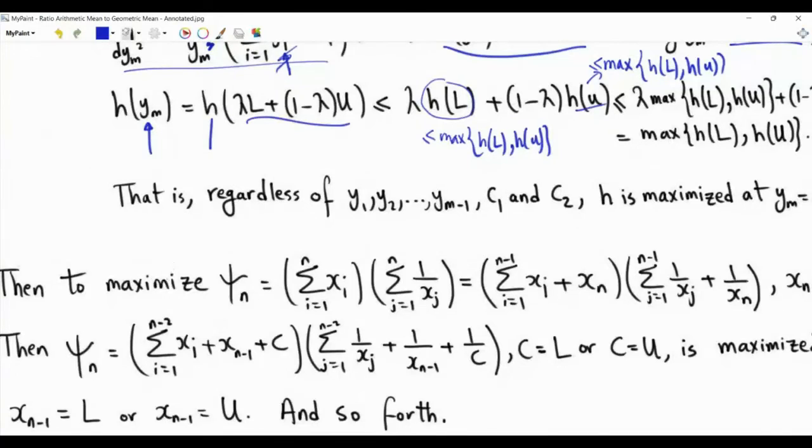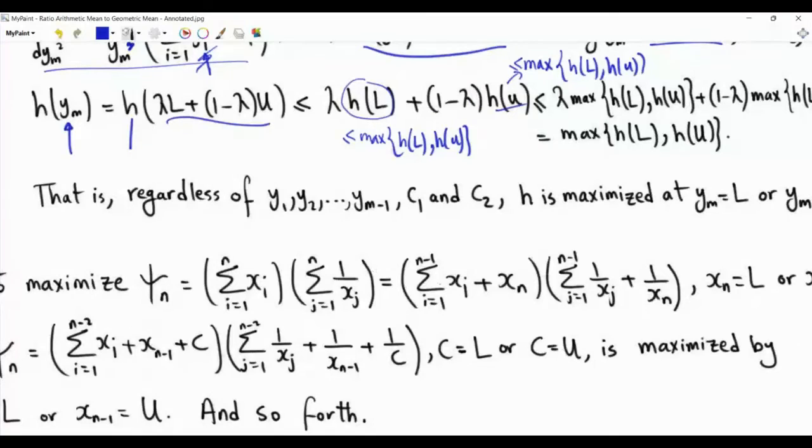So if we go back to our problem, we have psi n, and it is the sum of the x's times the sum of the reciprocals. So think about xn. So isolate xn from the sum and from the sum of the reciprocals. And this looks like the problem that we have just investigated with the constants being equal to 0. And now we know the story.